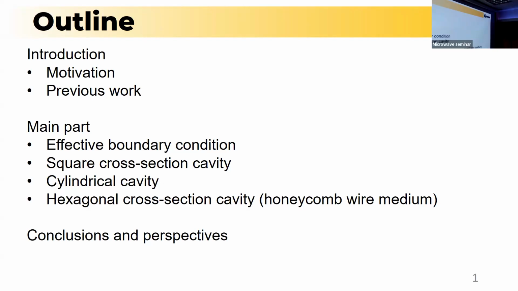Then the application of that boundary condition to a square cross-section cavity, later to a cylindrical cavity, and finally to a hexagonal cross-section cavity filled with a honeycomb wire medium, with the additional result that we can measure the plasma frequency of such cavities. And finally, some conclusions and perspectives.